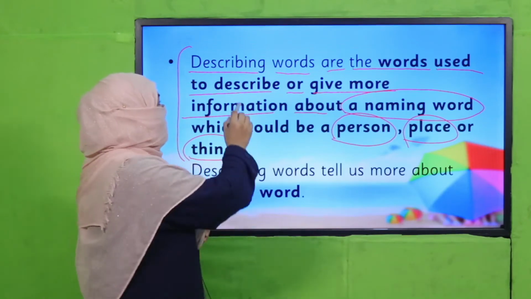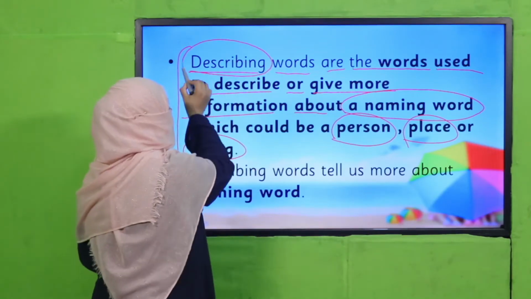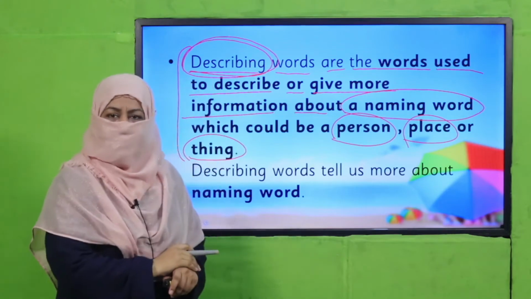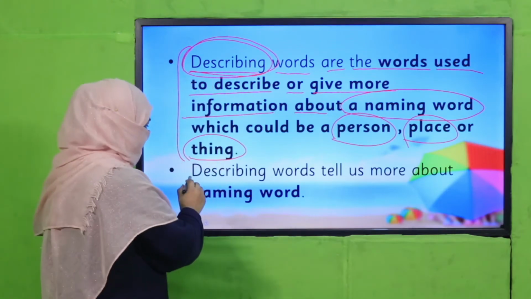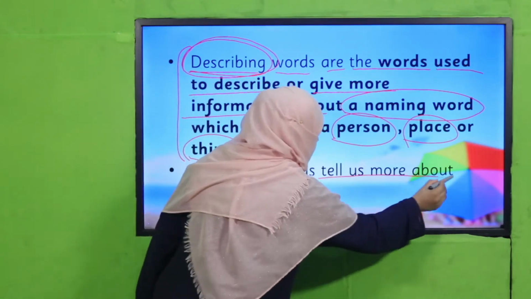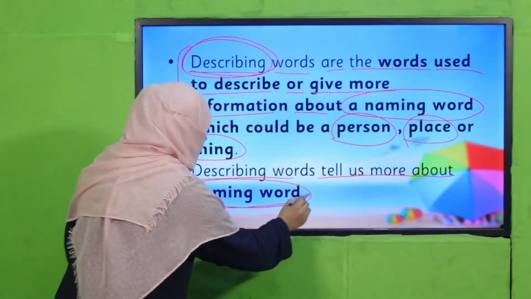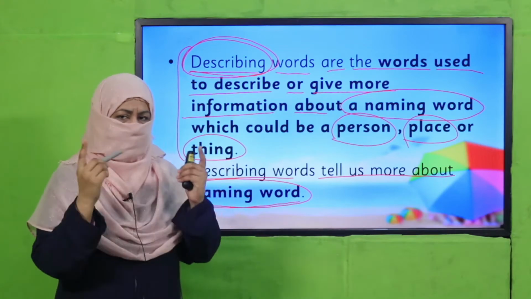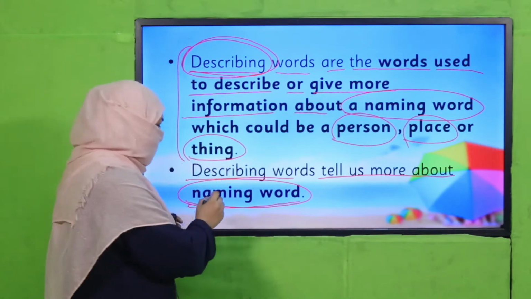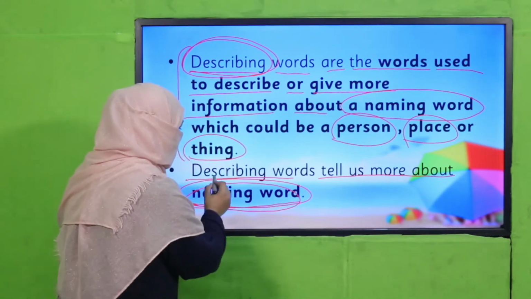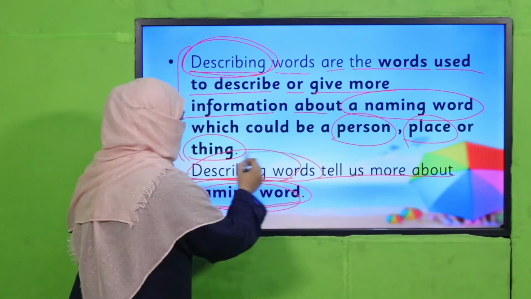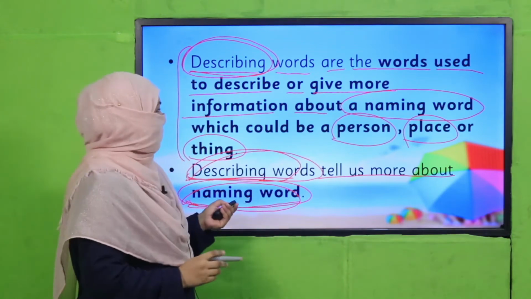So a word which tells us more about that naming word is a describing word, right? Describing words tell us more about a naming word. Okay, so everything around us is a naming word, and a word which tells us more about this naming word is a describing word, right?